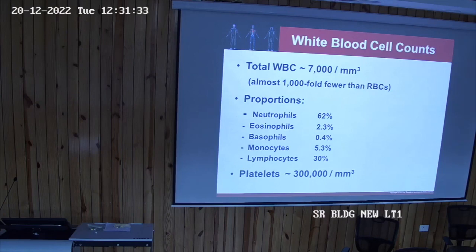So the maximum number of cells will be neutrophil, then comes lymphocyte, then comes your monocyte, okay, then comes eosinophil, and last it will be basophil. Okay, this specially I took it from Guyton.